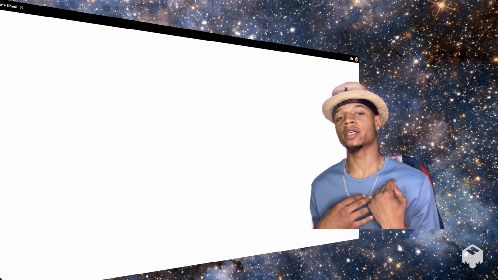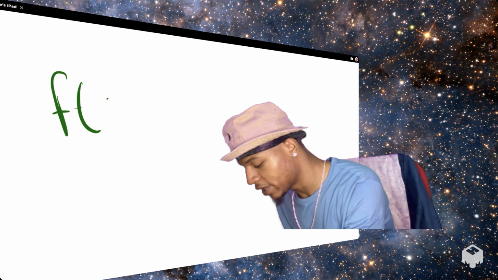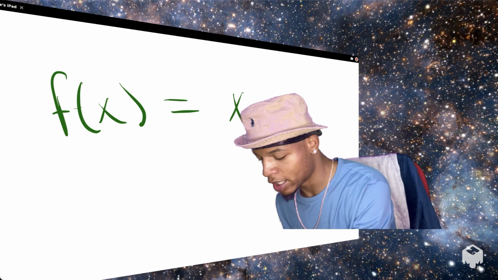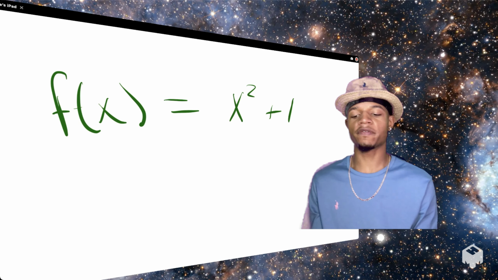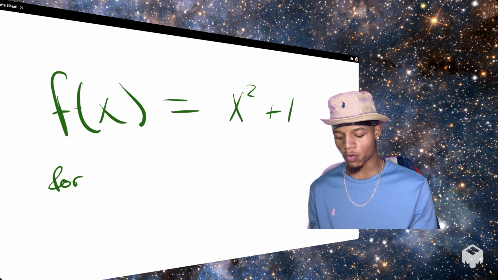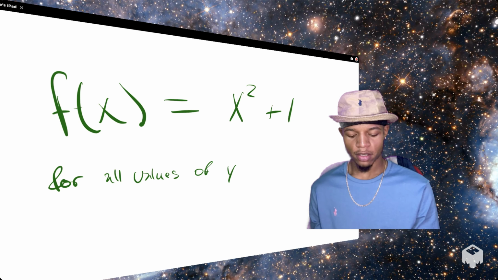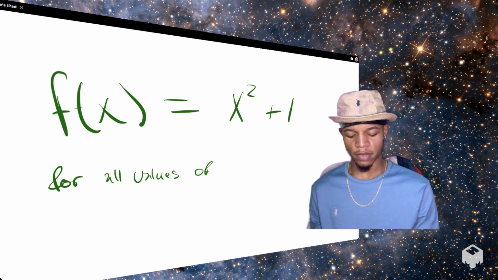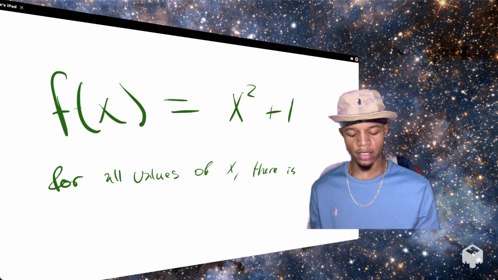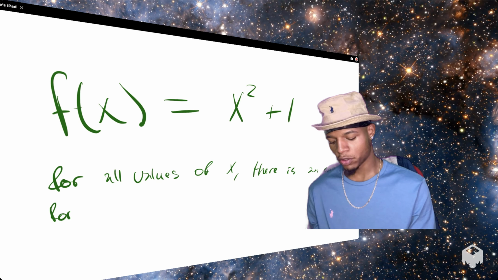So functions. You can think of them just as you think of mathematical functions, f of x. Let's take an example: f of x equals x squared plus 1. Basically this is saying that for all values of x, there is an output value for y.